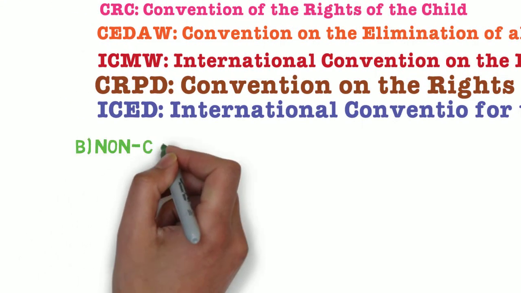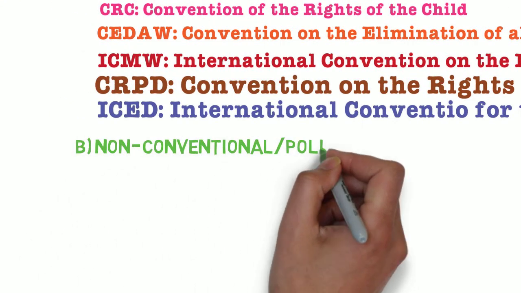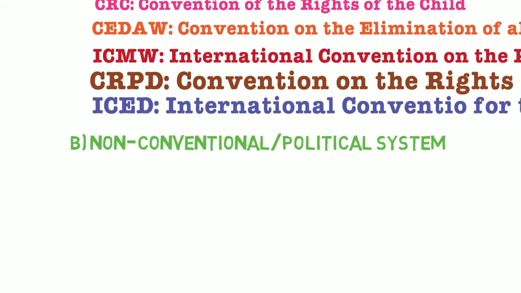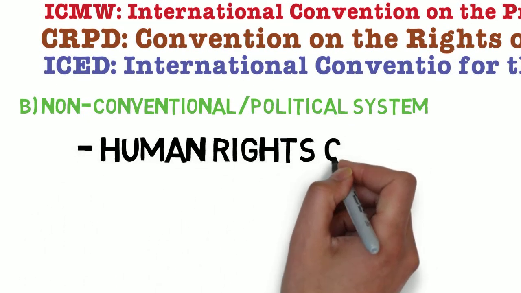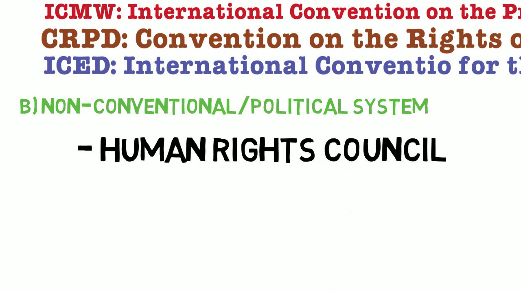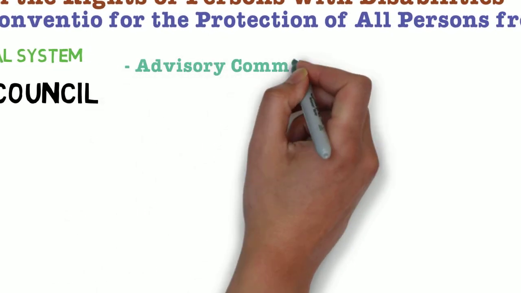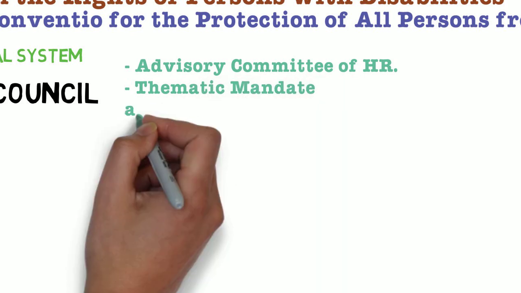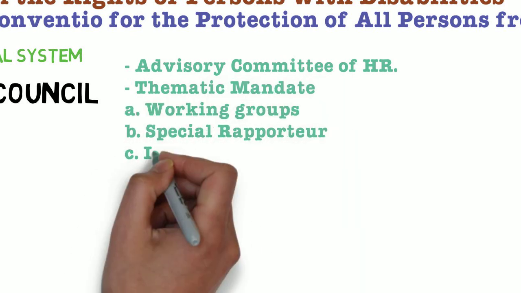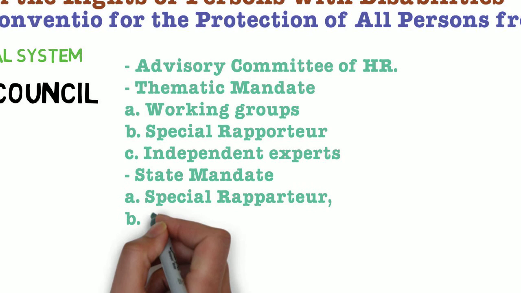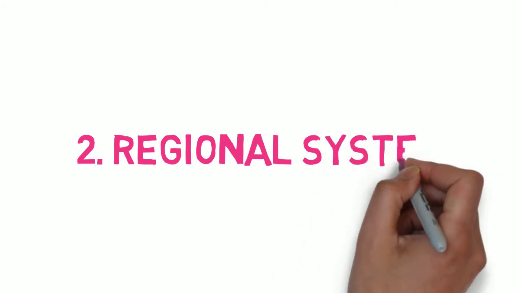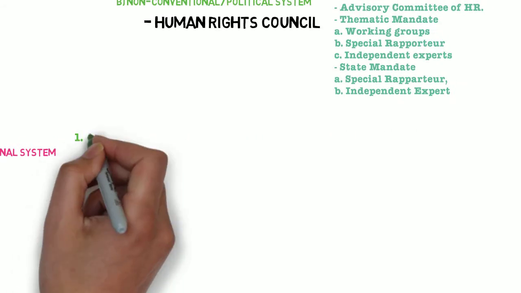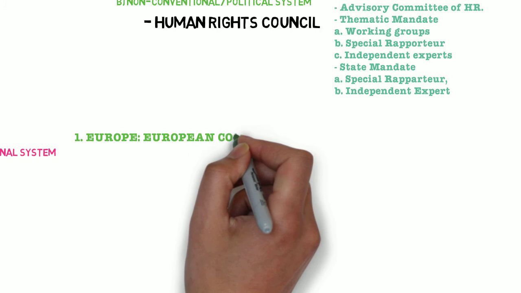Then let's speak about the non-conventional and political system that mainly contains the Human Rights Council and the Advisory Committee that helps the Council in its tasks. Let's speak about two mandates that are thematic or throughout the states here, and concerning the regional system, that is, the human rights courts.